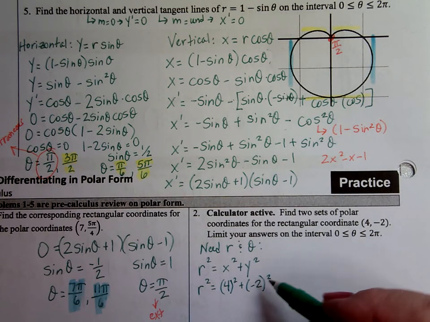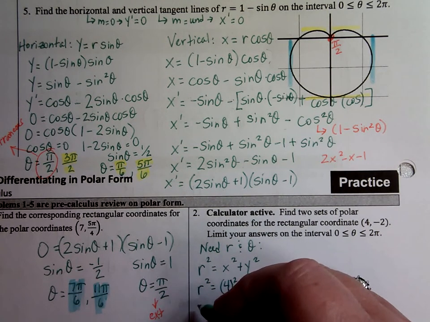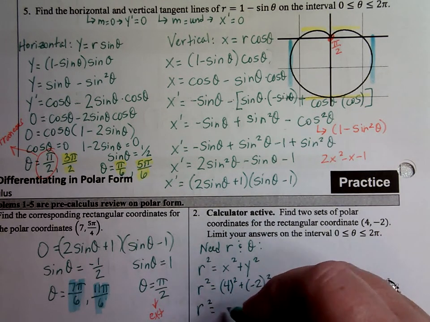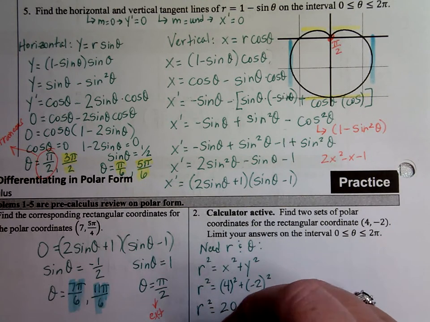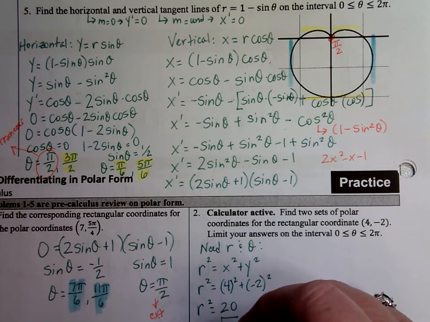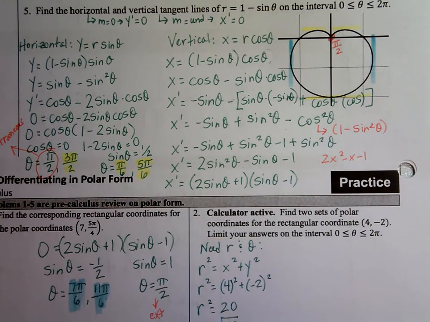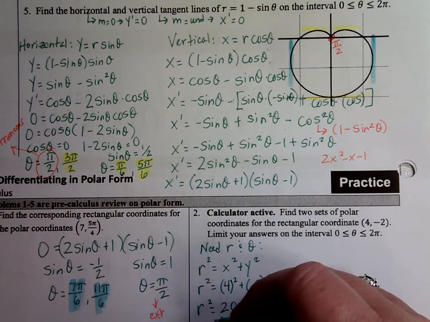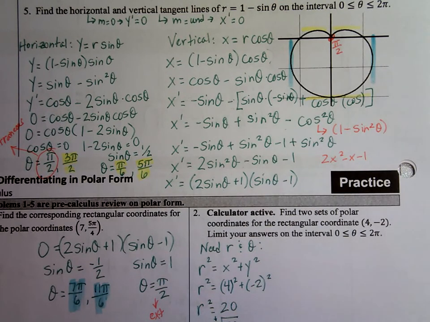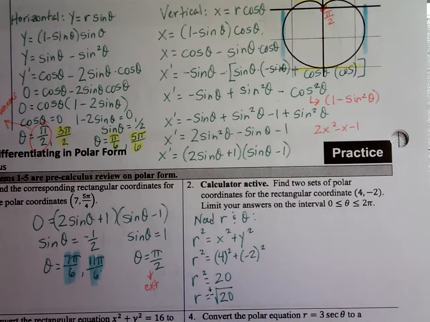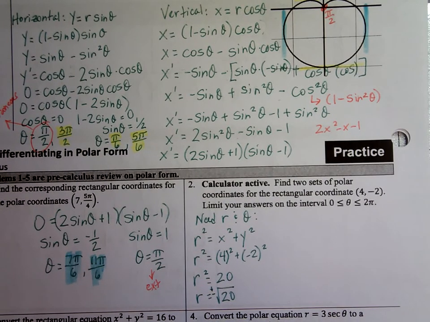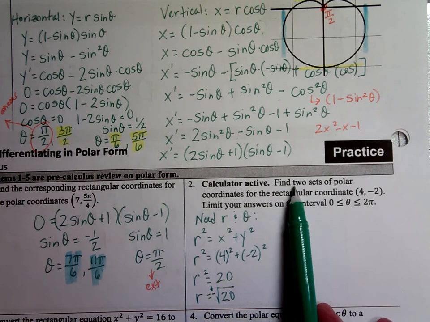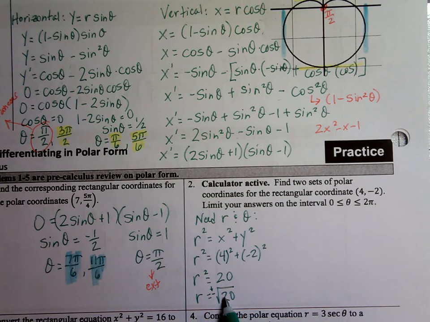So r squared equals 20, which means that r equals the square root of 20. Now, when you square root that, that means it's plus or minus. So I really should put the plus or minus in the midst of that too. So plus or minus the square root of 20. Cool, we got an r value. Which, by the way, that's how you get the 2 sets. One has an r value of positive square root of 20 and one has an r value of negative square root of 20.